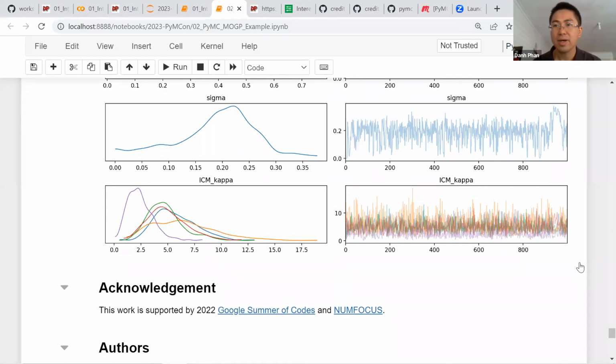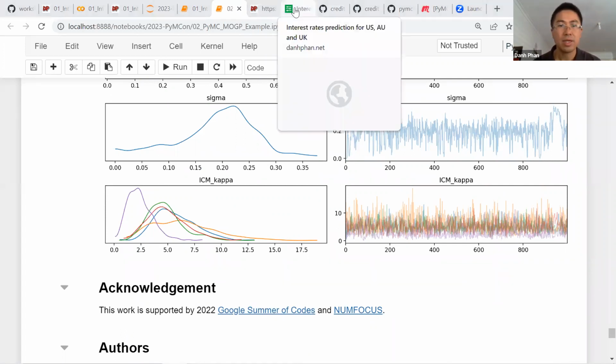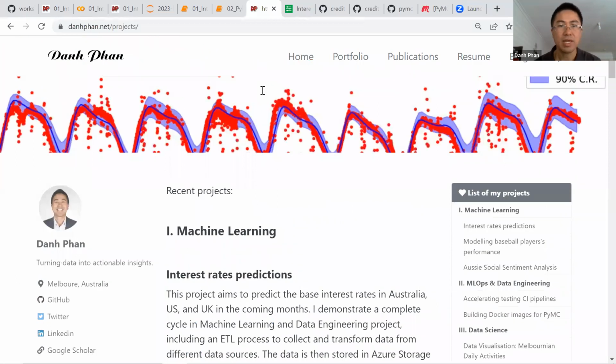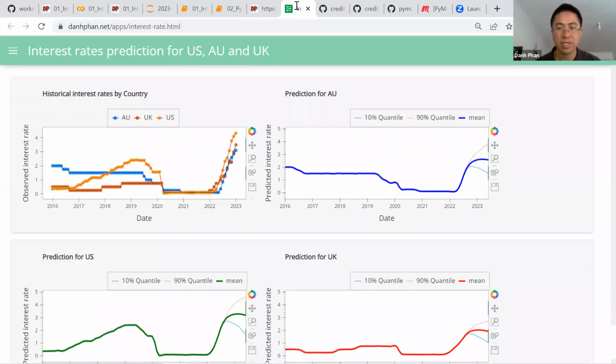I will have another example here that I put on my website. The data set here is the interest rates for the US, UK, and Australia.